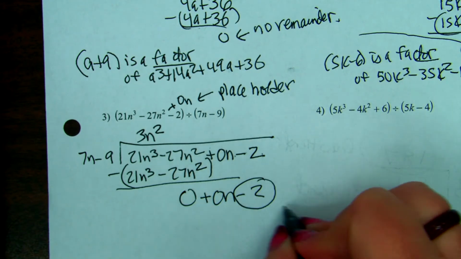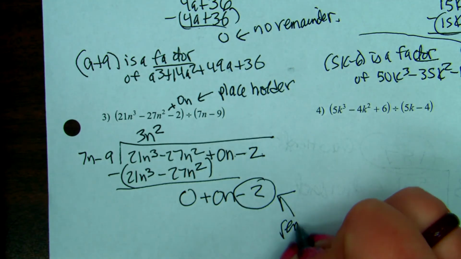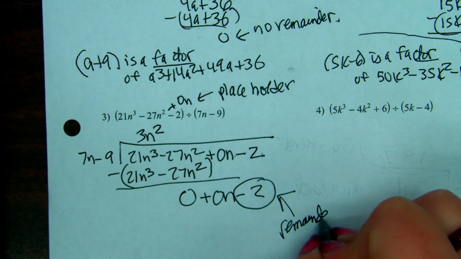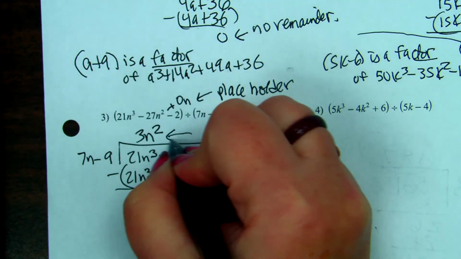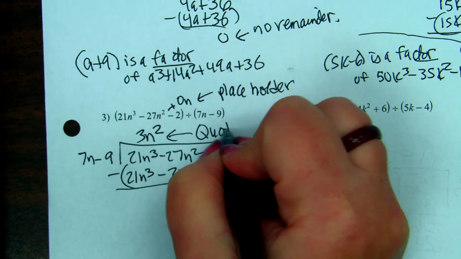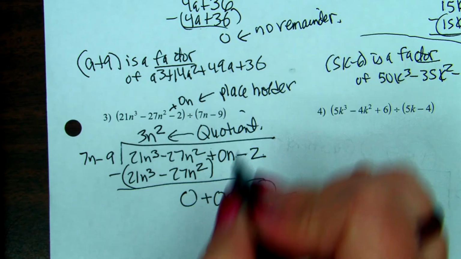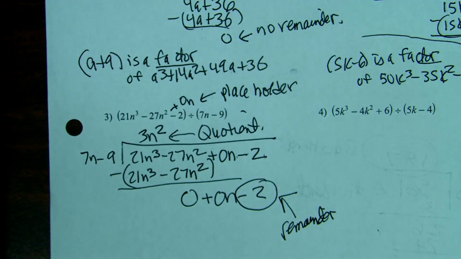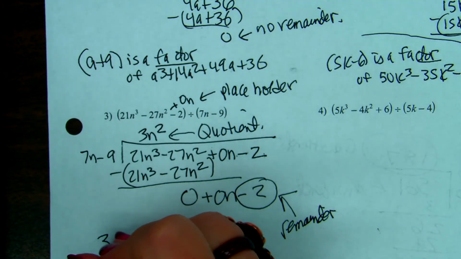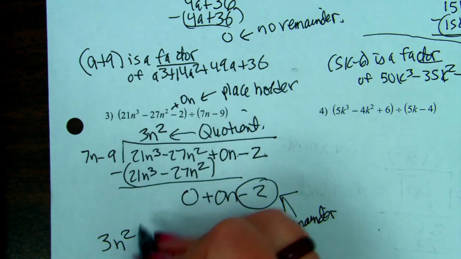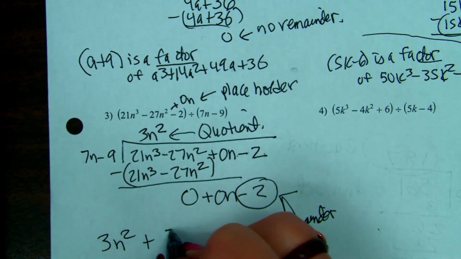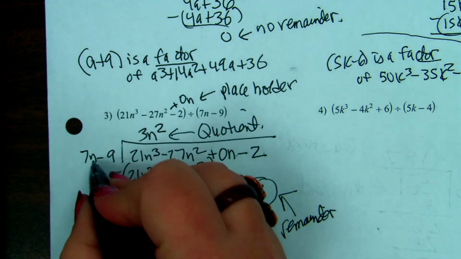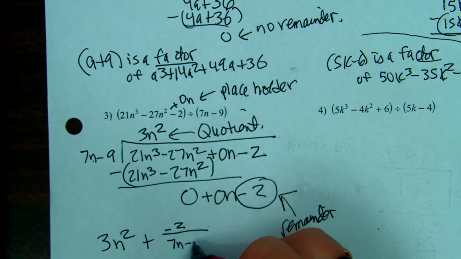So the remainder is negative 2. This is the quotient. And when there's a remainder, you can write 3n squared, which is the quotient, plus negative 2, the remainder, over the divisor, 7n minus 9.